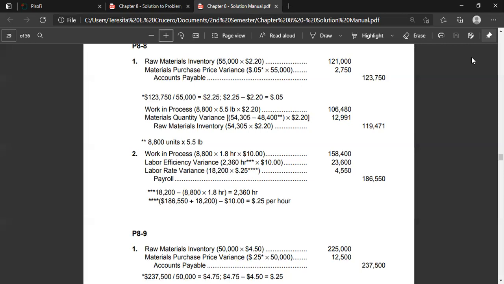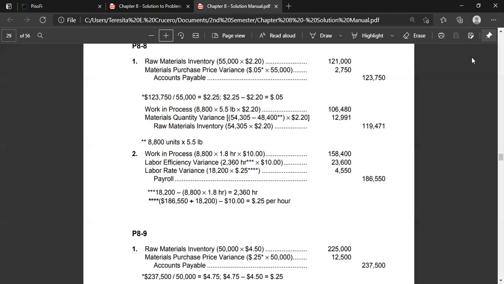So we have now the quantity variance. It's unfavorable. That's why we debit. It's unfavorable because the actual pounds is greater than the standard pounds. So again, we multiply and we have 2.20 for the credit to raw materials inventory.